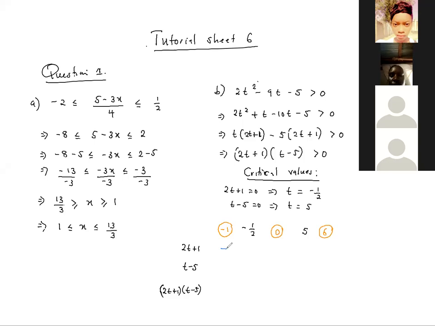If it's less than 0, then you show that by putting a negative. If you take t minus 5, again we get a negative. If we multiply these two, you get a positive. So you keep the positive. When you substitute 0, you have a positive here, and you have a negative here, so that if you multiply, you get a negative.